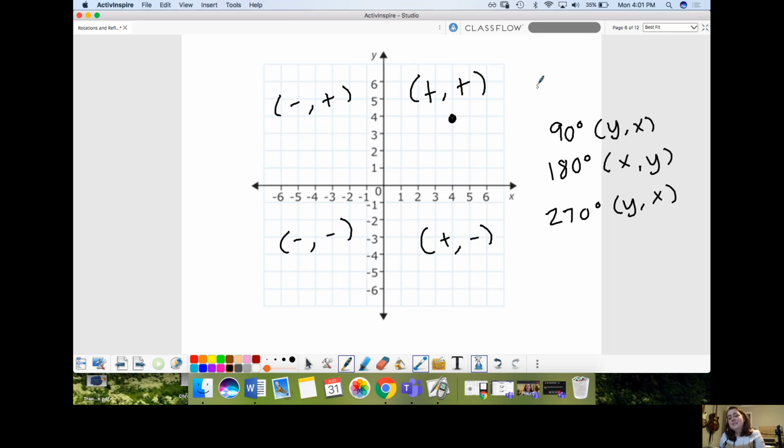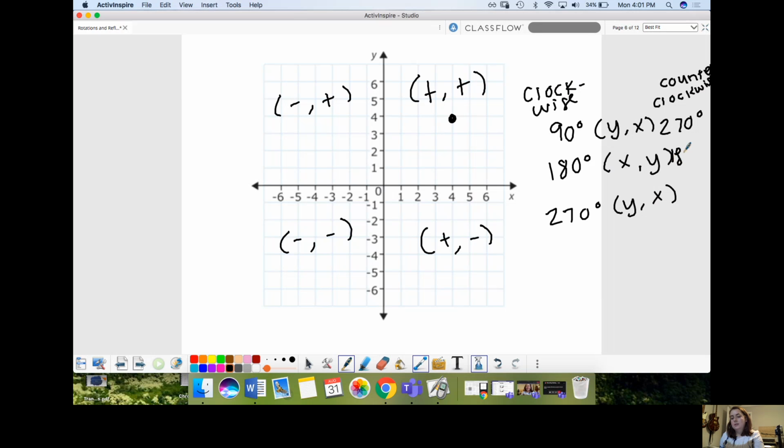Now, when you think about the signs, this is where I always get confused myself because I'm not very good at memorizing stuff. But if you're going counterclockwise, remember, if we go 90 degrees clockwise, that's the same as going 270 degrees counterclockwise.